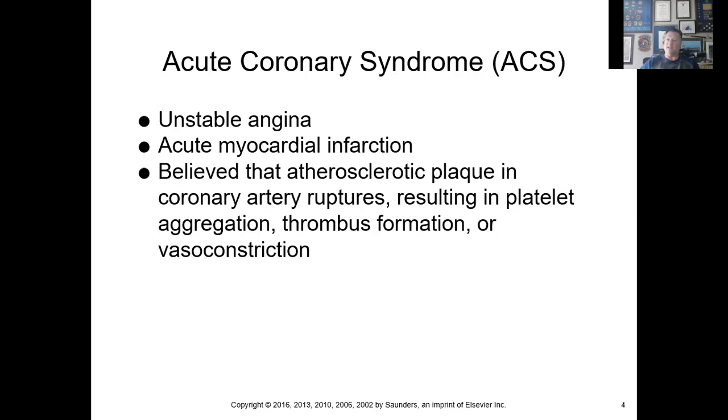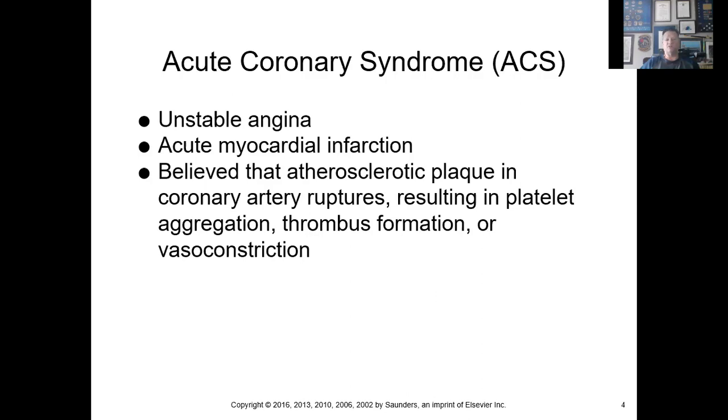Now, there's ACS. This is unstable angina, where you'll have a patient that comes in, he's a diabetic, he's 52 years old, and he comes into the emergency room via ambulance, hopefully, saying, I feel like I have an elephant sitting on my chest. Now, you go ahead and do an EKG, but there are also things you want accomplished before you do that.